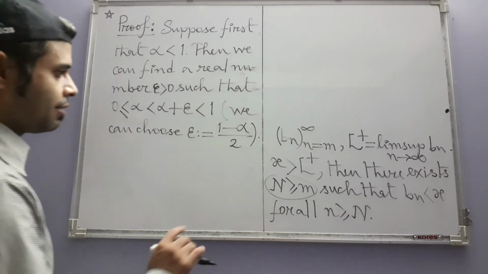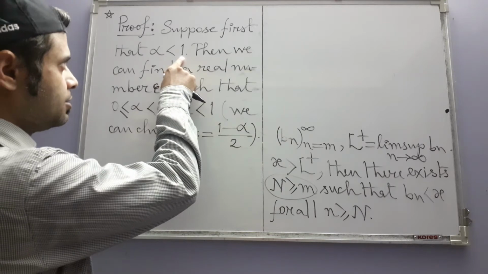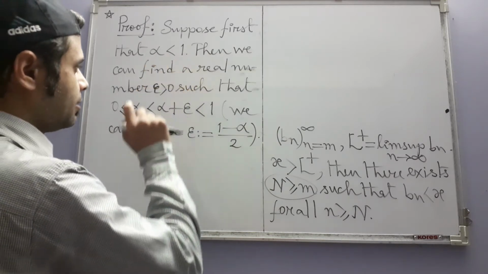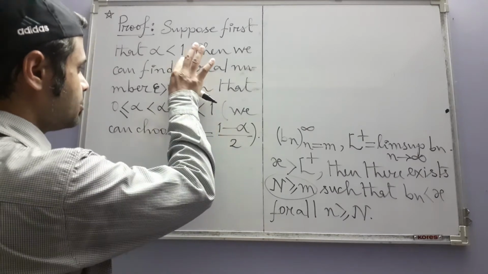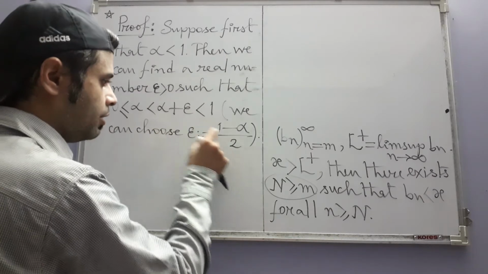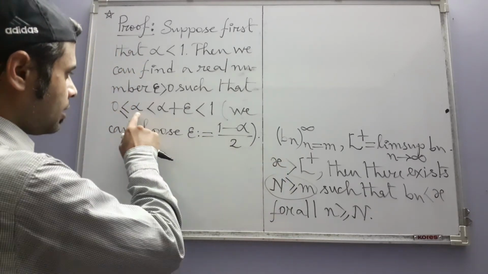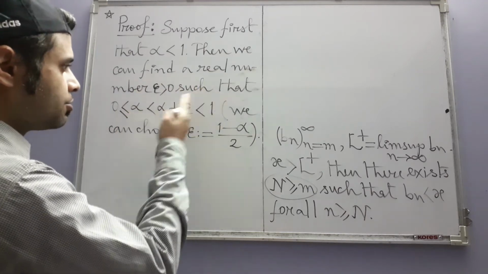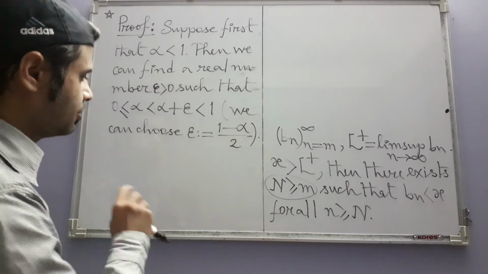Now here we have one such x for our limit superior, and that x is 1. And in fact, not just 1, we are not going to consider this 1, but rather we are going to consider this alpha plus epsilon. You imagine alpha plus epsilon in place of x, and your alpha is your original limit superior of that sequence where you have absolute value of n and all those things.